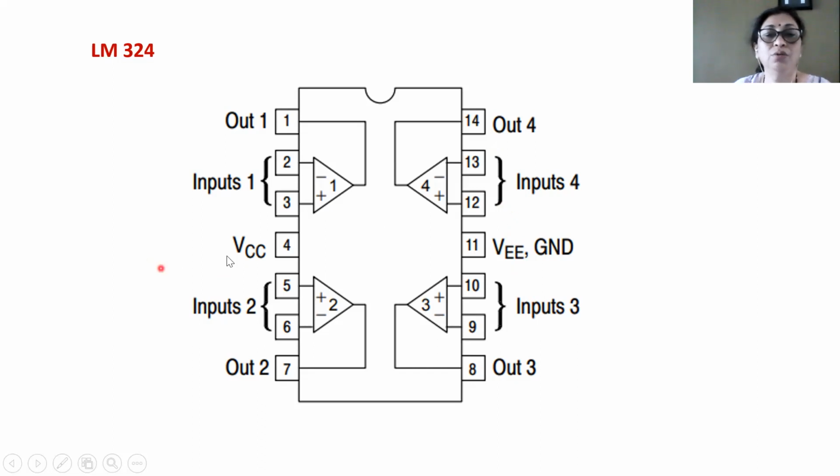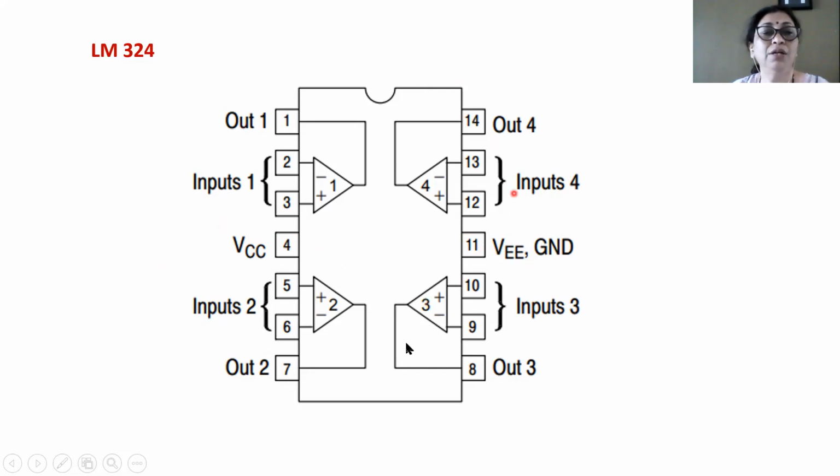So 2 pins, pin number 4 and pin number 11, are used for applying power supply. Plus VCC must be applied to pin number 4, and minus VEE, or sometimes you can even apply ground at this point. Okay, so minus VEE or ground is to be applied to pin number 11.